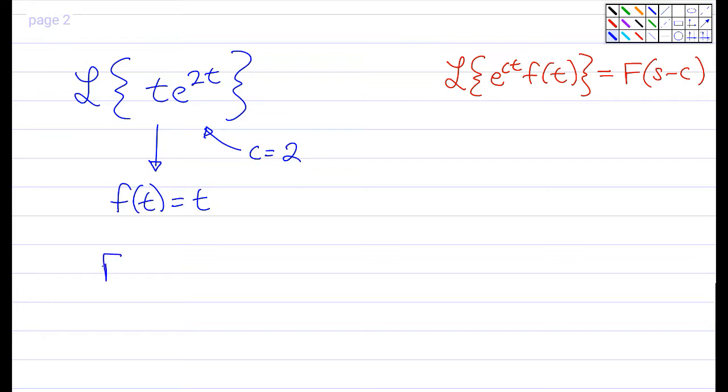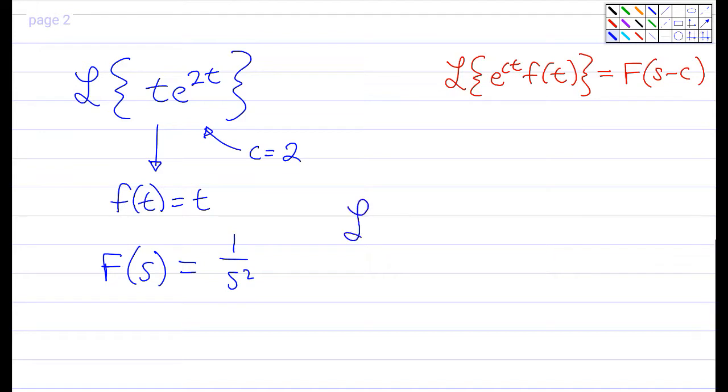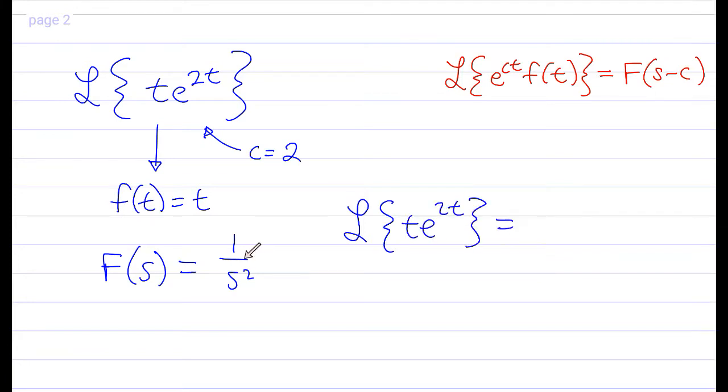We do have to know what the transform of little f is, otherwise this formula over here really doesn't help us a whole lot. But we do. The transform of t is 1 over s squared. Therefore, the Laplace transform of t e to the 2t equals this function shifted to the right by 2 units.